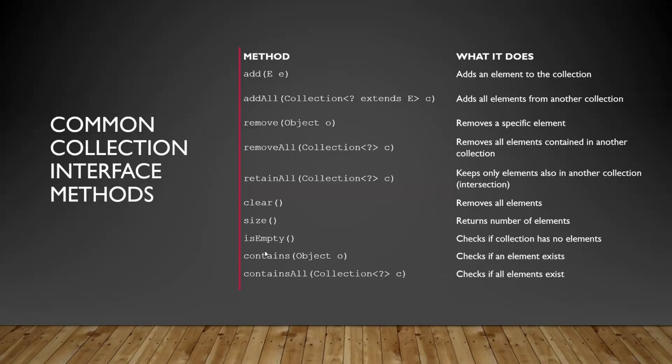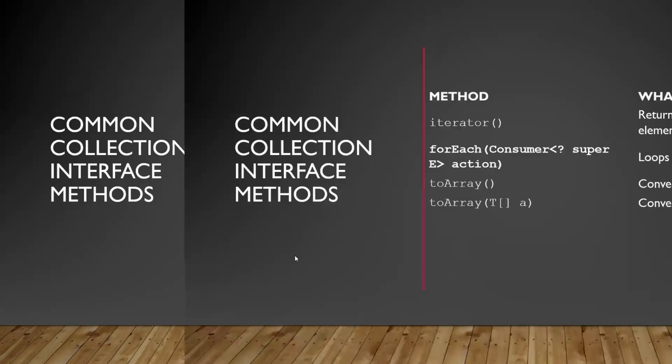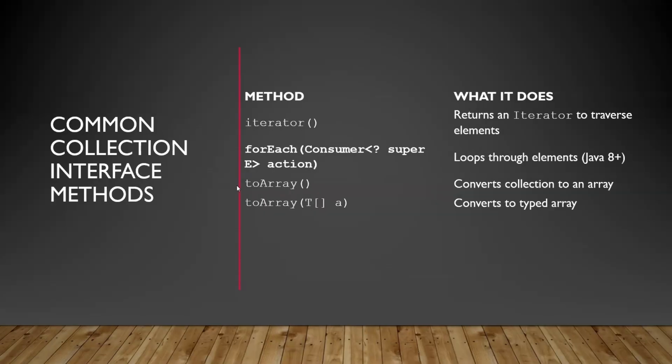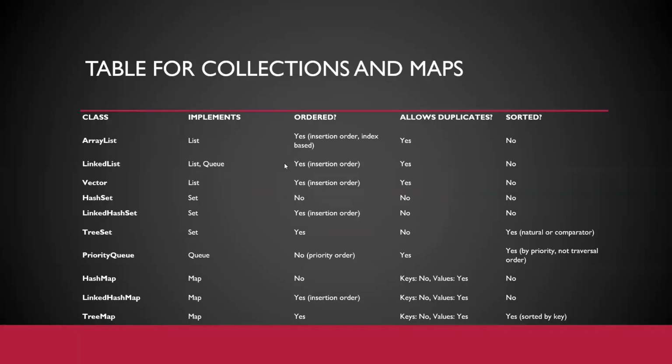We're also going to check if collections contain a certain element, is empty, etc. We also have other collection methods, such as forEach. That's a fairly common one. And these others, which again, you can pause the presentation and take a look.